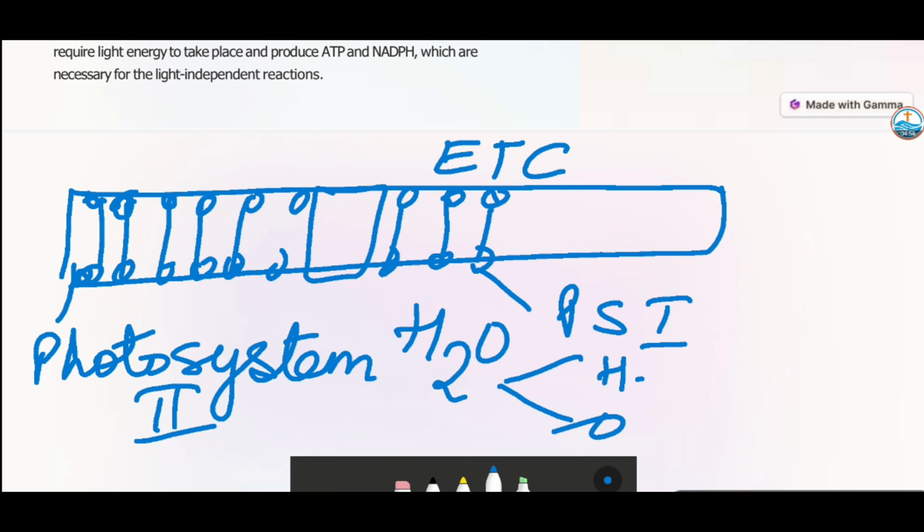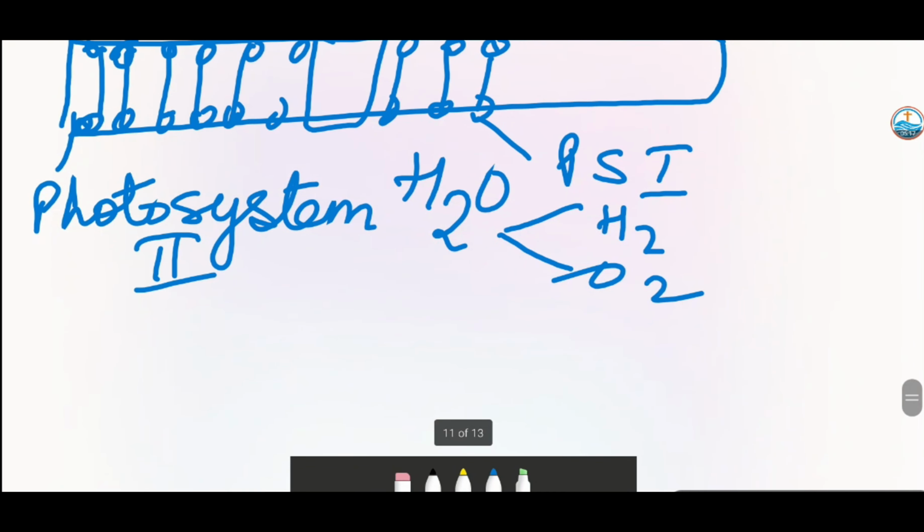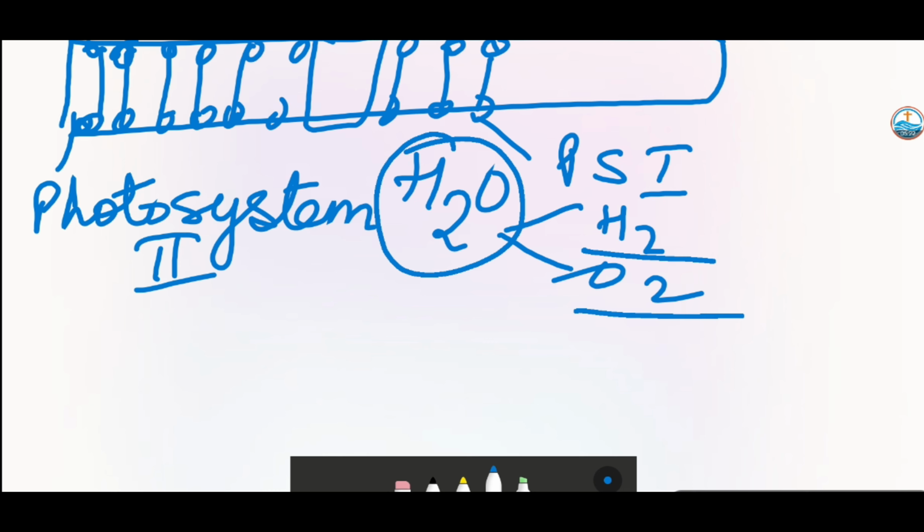This process happens in the presence of light, in the grana of the chloroplast, and it is defined as photolysis.